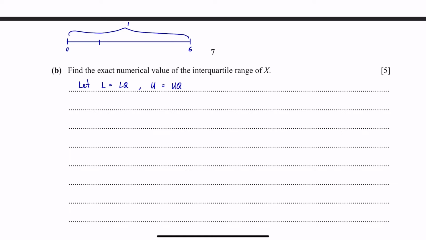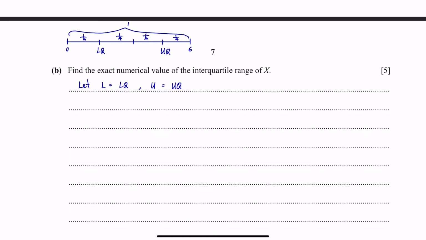And this would be our lower quartile and this would be our upper quartile. So this would be 1 over 4, 1 over 4, 1 over 4, and 1 over 4. That means from 0 to the lower quartile, the area under the graph would be 1 over 4.